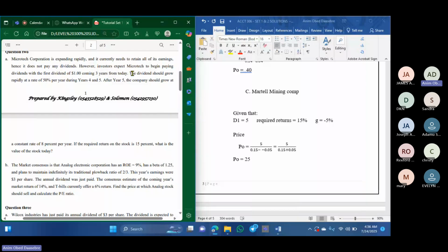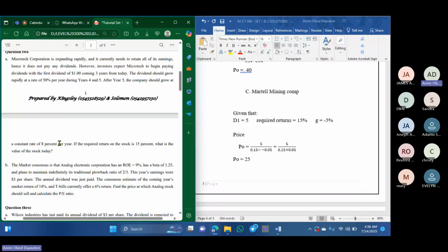The dividends should grow rapidly at a rate of 50% per year during years 4 and 5. After year 5, the company should grow at a constant rate of 8% per year.